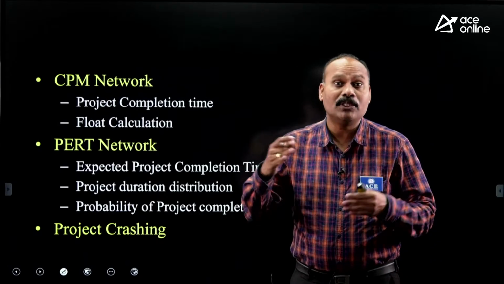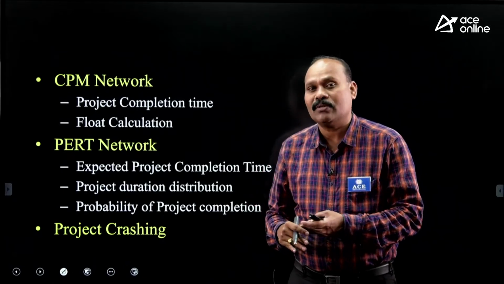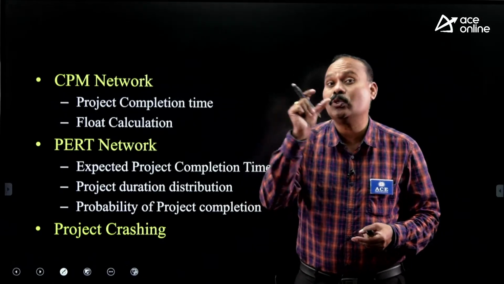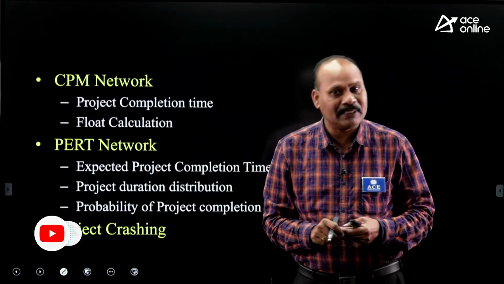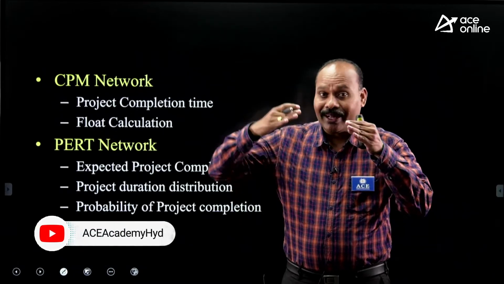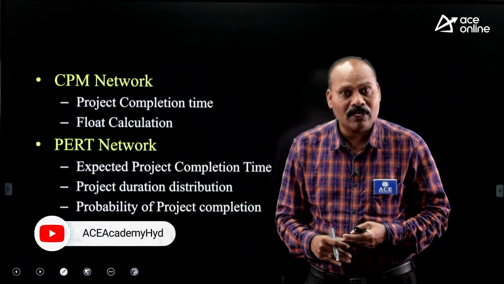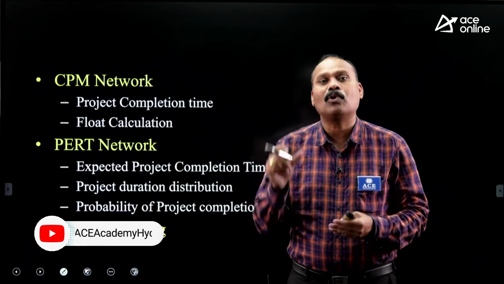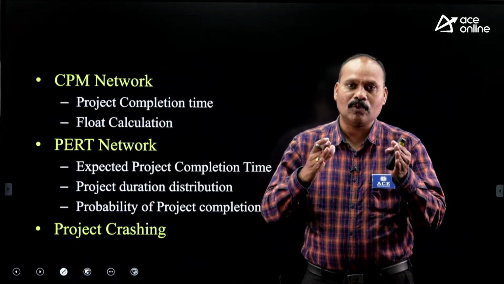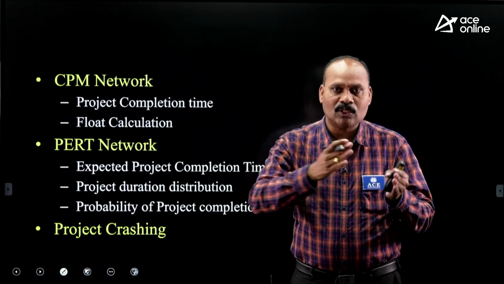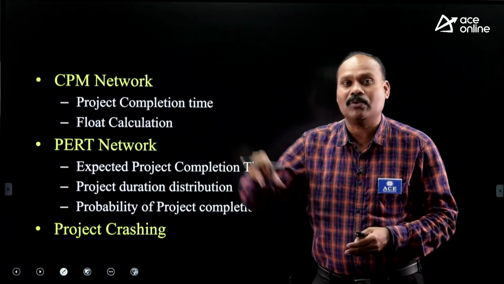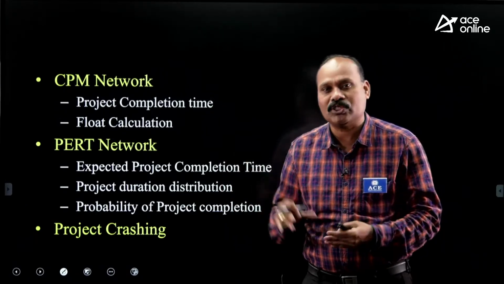But in GATE and objective questions, what we expect? We expect target duration. So target duration is specified. So to have the target duration, what would be the project cost? Like the question could be, if the project duration has to be crashed down to a particular target duration, what would be the total project cost?